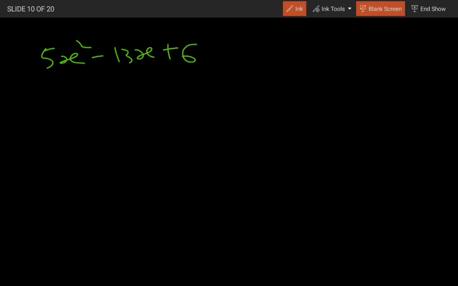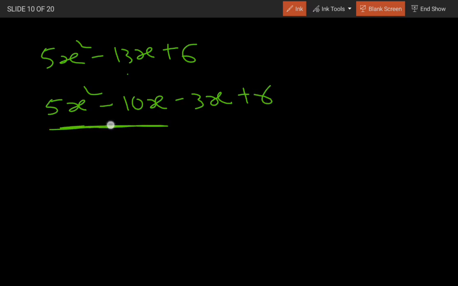From the last two terms, taking minus 3 common, we will get x minus 2. From these, if we take x minus 2 common, we get 5x minus 3. That means taking 5 common from this, we'll get 5 into x minus 3 by 5 into x minus 2. So this is the intercept form of the given quadratic function.